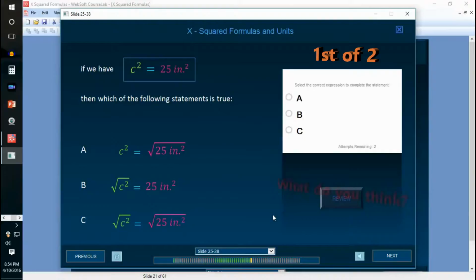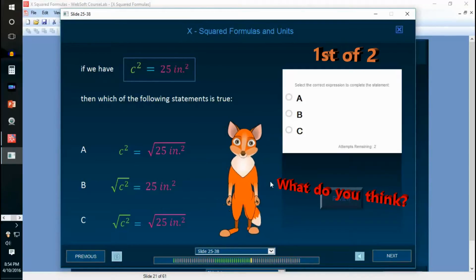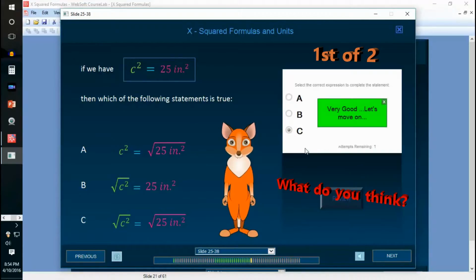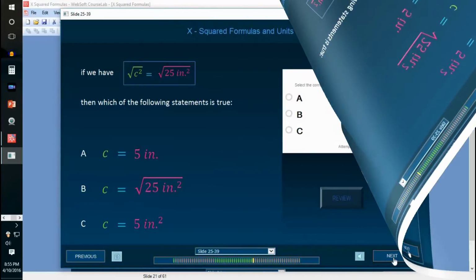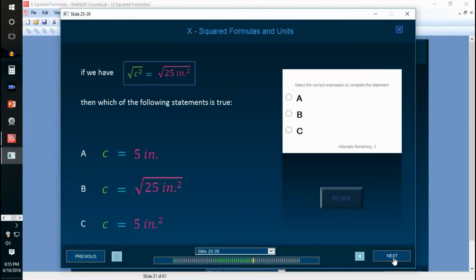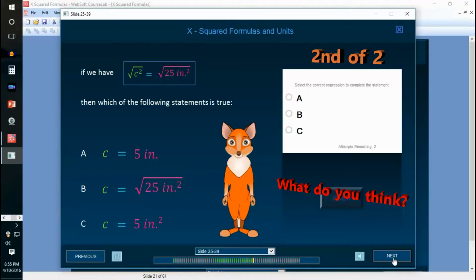If c squared equals 25 square inches, then which of the following statements is true? Good work. We need to take the square root of both sides of the equation. If the square root of c squared equals the square root of 25 square inches, then which of the following statements is true?